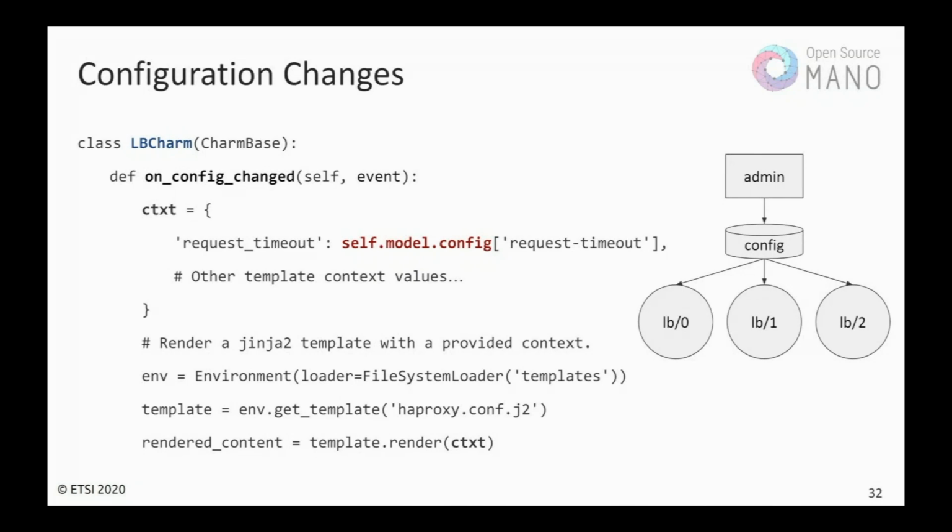What you want to do is to obtain that config and use it in your template. So you form a context using some templating such as Jinja2, and you pass in that resulting context. But the mechanism of getting there is the same. You observe a config changed event, and you handle it in the on-config-changed handler. And then every unit of a load balancer reacts to that config change event.